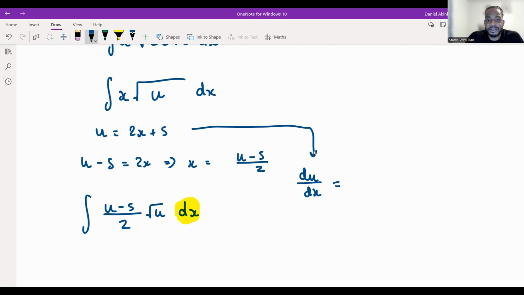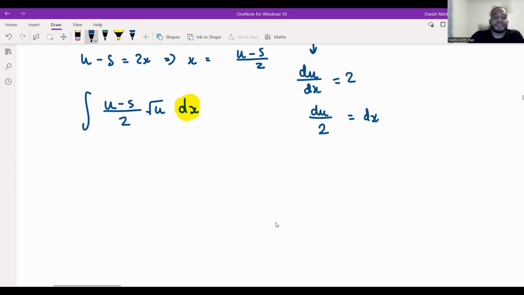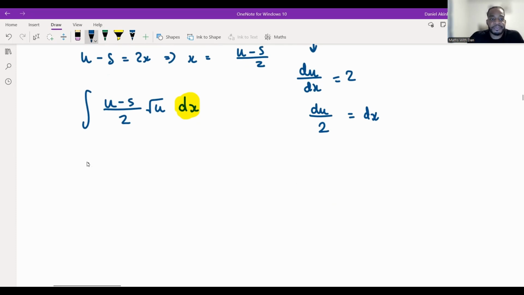It's just 2, right? And you always treat this as a fraction that can be separated to isolate the dx. So in that case, that would mean that du over 2 will equal dx, wouldn't it? If I divide by 2 and multiply by dx, and that means I can put this in here. So u take away 5 over 2 root u, and then dx is du over 2.